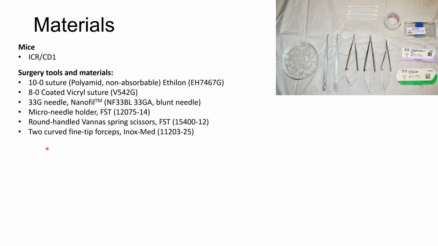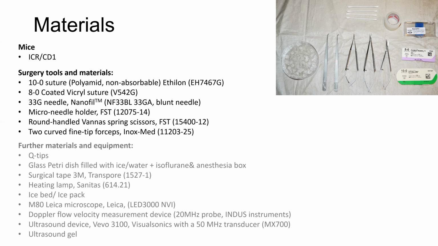You will also need microneedle holders, scissors, and a pair of forceps that are very fine but not sharp. Furthermore, a few Q-tips might come in handy, and also a Petri dish filled with ice and water, as well as isoflurane and an anesthesia box for anesthetizing the mice. You also need surgical tape.